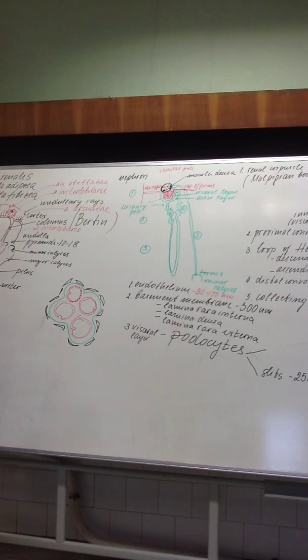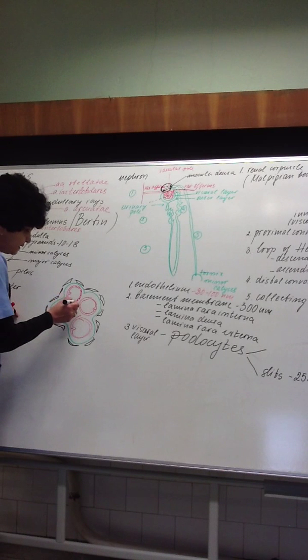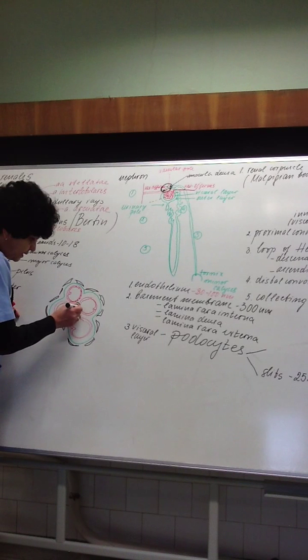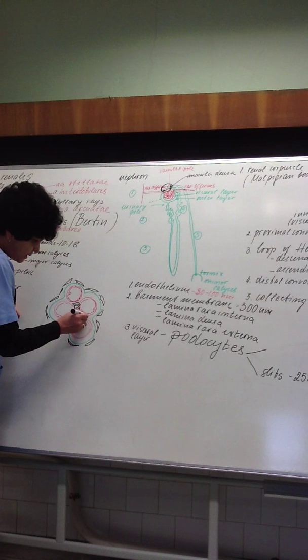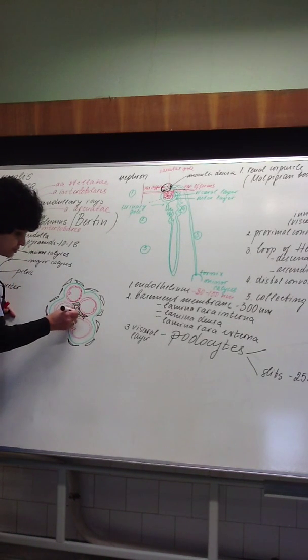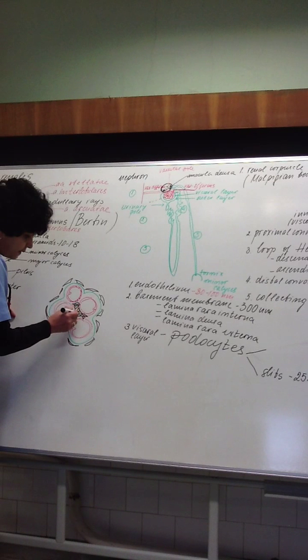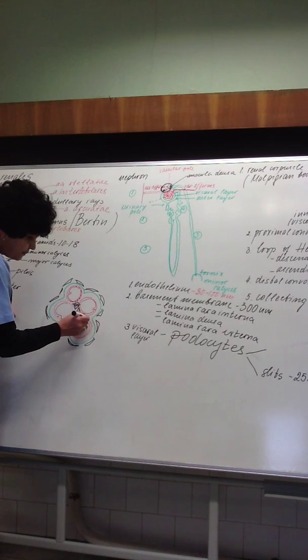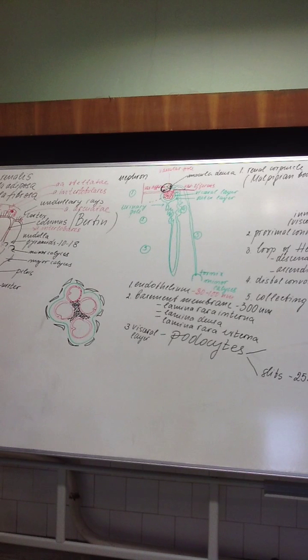All these capillaries have to be held together by connective tissue. And here is the place of mesangial cells. They also have a supporting role. They produce fibers. Some of them are macrophages.